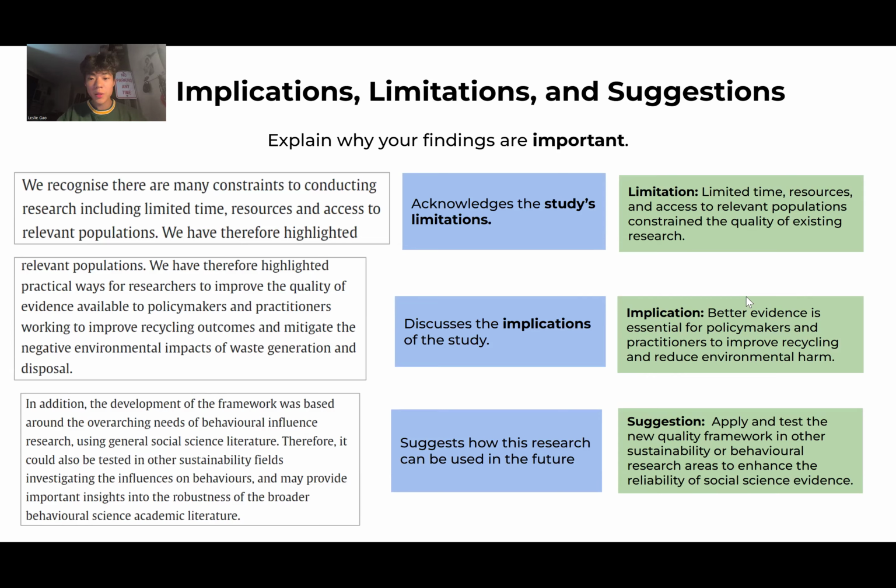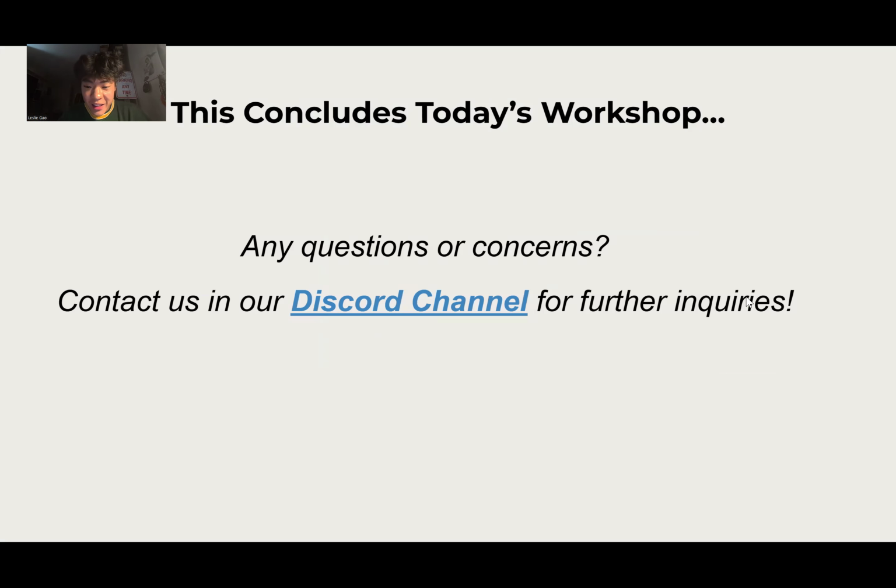Your one research proposal will not answer every question there is in the topic you choose, so identify what else needs to be done in this field so future researchers can build upon the research you have done and discover more findings. Ultimately, your conclusion shouldn't end at "here's what we found." It should get to "here's why this matters, here's what we still don't know, and here's where future research can go next." So that brings us to the end of today's workshop.